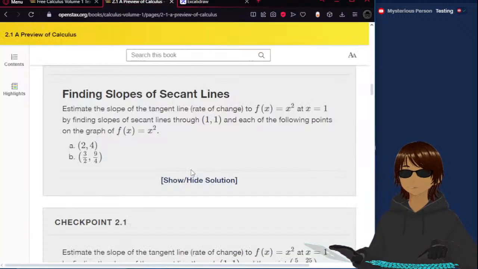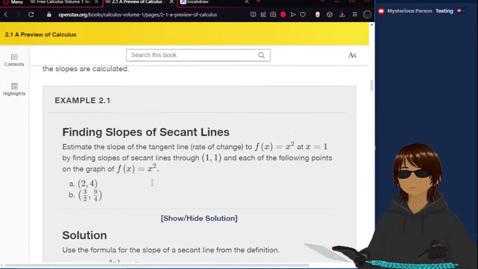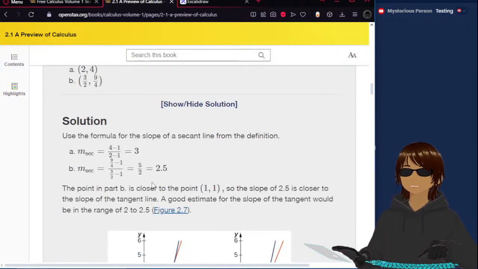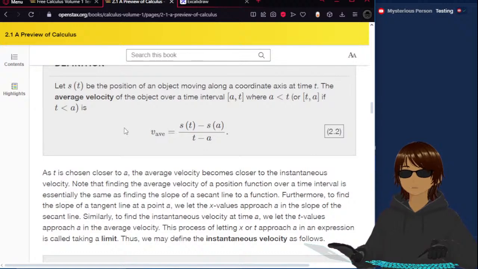Let's see, that's correct. Yes. I'm only deciding to do one of them since this is a revision. Estimate the slope of the tangent line. Already did something similar.